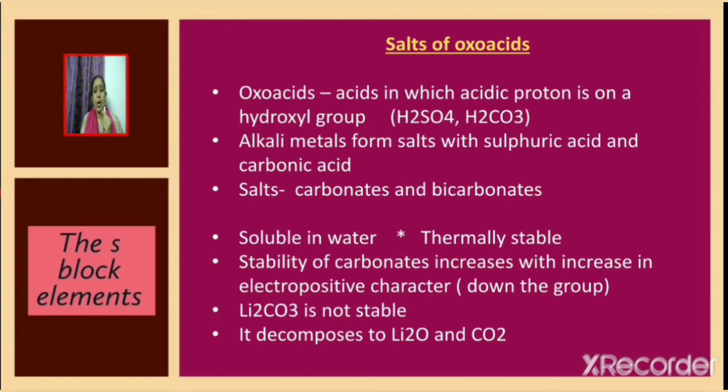So as we move down the group, the stability of carbonates increases. Lithium carbonate is not stable and it decomposes to lithium oxide Li2O and carbon dioxide. So if we have lithium carbonate and cesium carbonate, the most stable carbonate will be cesium carbonate, because as we move down the group, the stability of carbonates increases.